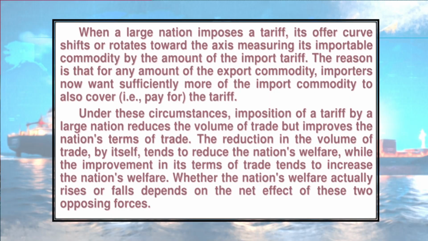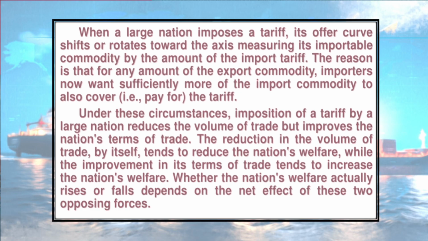So when a large nation imposes a tariff, its offer curve shifts or rotates towards the axis measuring its importable commodity by the amount of the import tariff. The reason is that for any amount of the export commodity, importers now want sufficiently more of the import commodity to also cover the tariff.